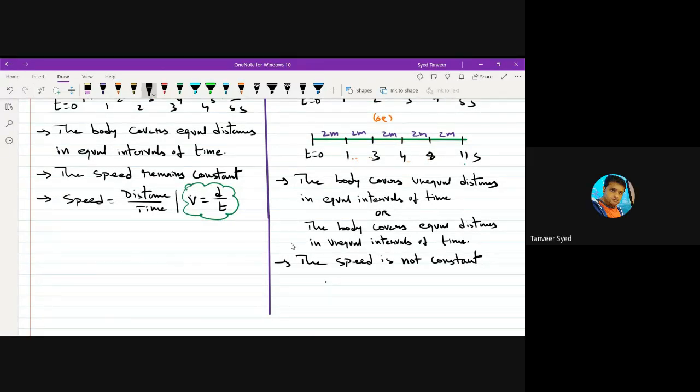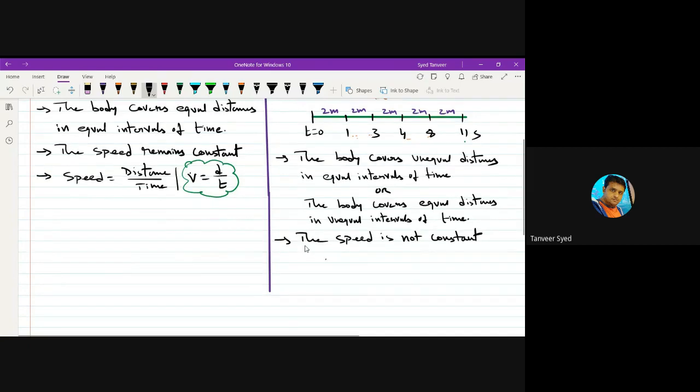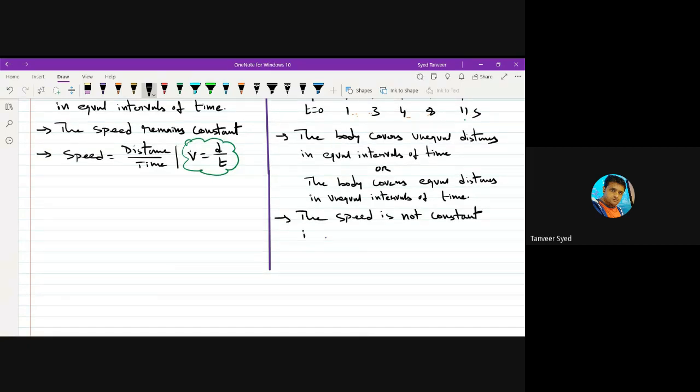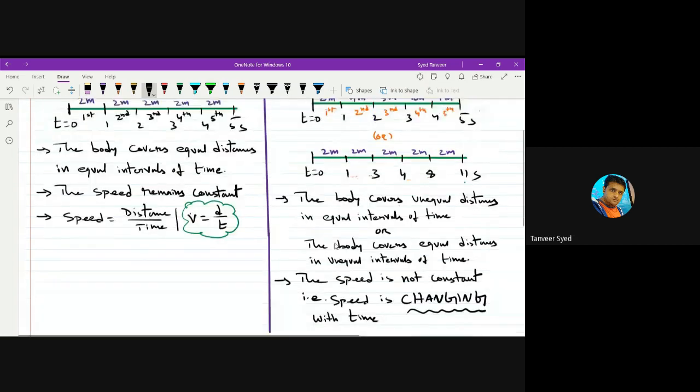If speed is not constant, it means speed is changing with the time. Remember this point. In non-uniform motion, the speed of the body will be continuously changing with time. Then only it will be non-uniform motion.